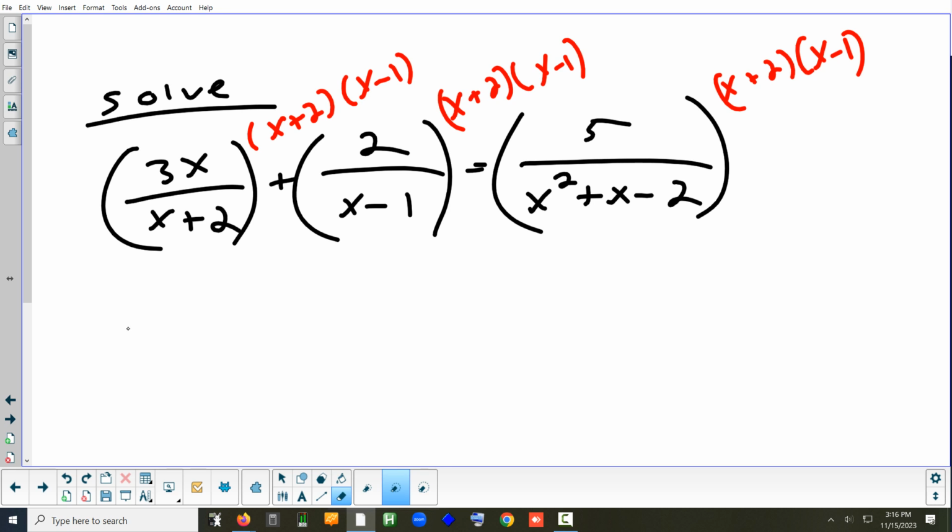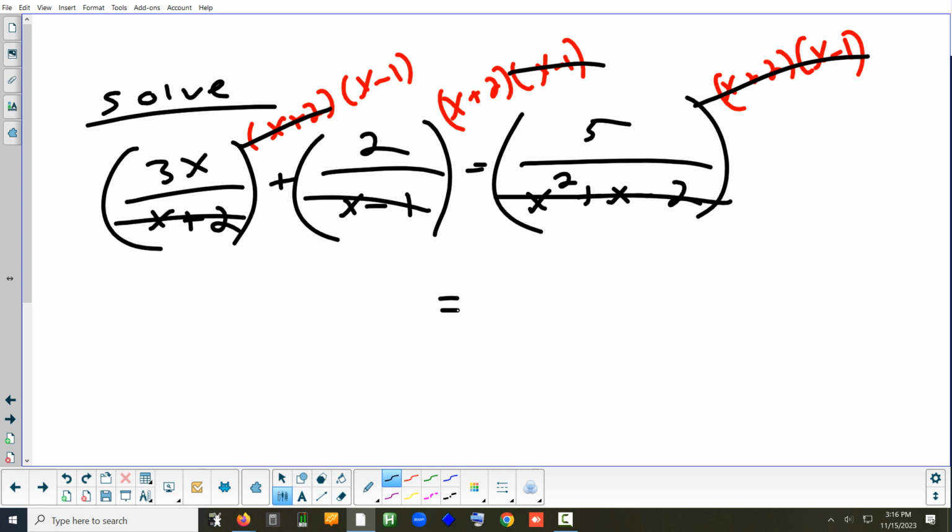And what cancels out in the first fraction? X plus 2. Yep. What cancels out in the second fraction? X minus 1. And the third fraction? The whole thing.